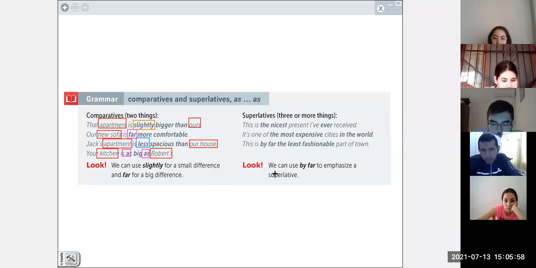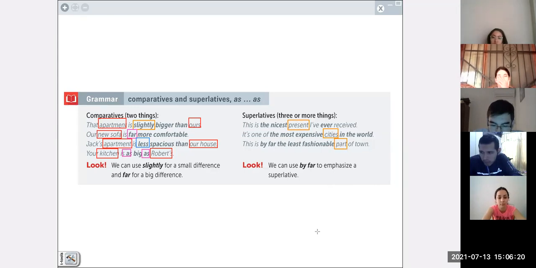This is the nicest present I've ever received. It's one of the most expensive cities in the world. This is the least fashionable part of town.